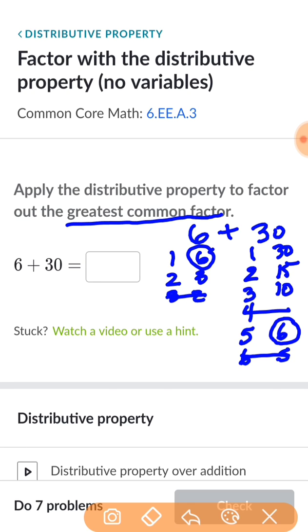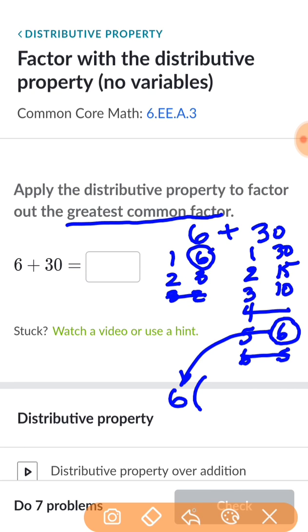So now what do we do with this information? Well, that 6 that we just found as our greatest common factor, we're going to rewrite on the outside of a set of parentheses. So this 6 right here is going to go right here.